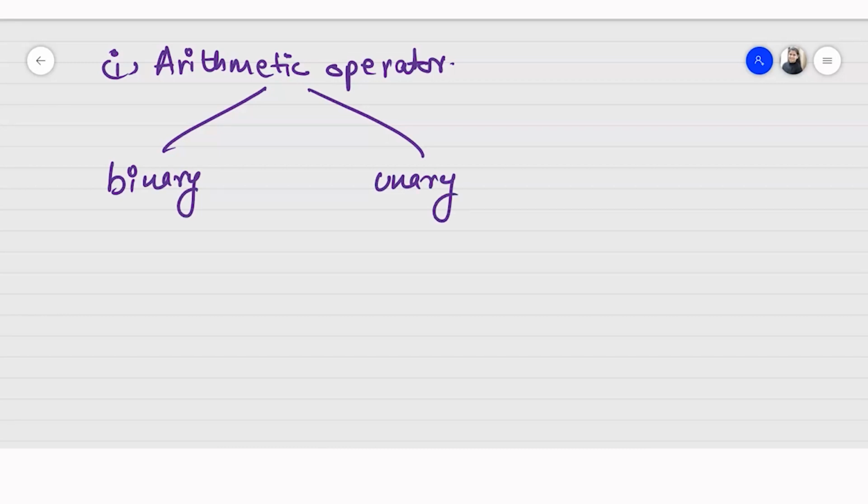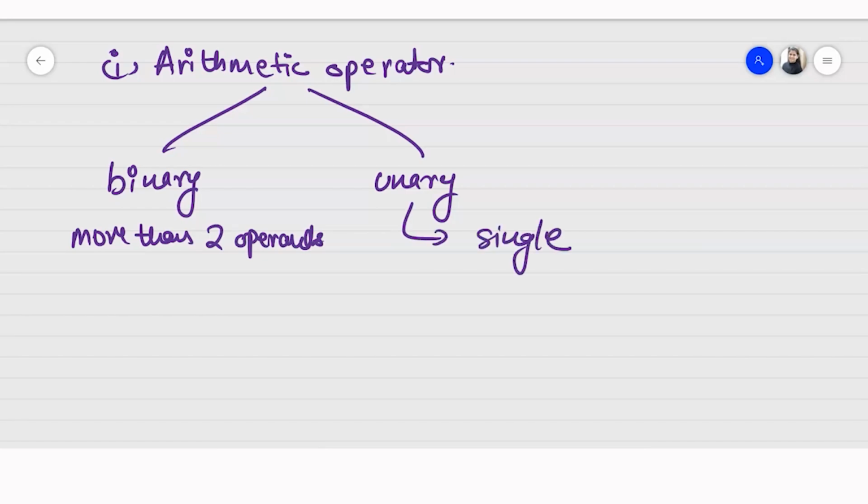Binary operators work on two operands, whereas unary operators, as the name suggests, work on a single operand.